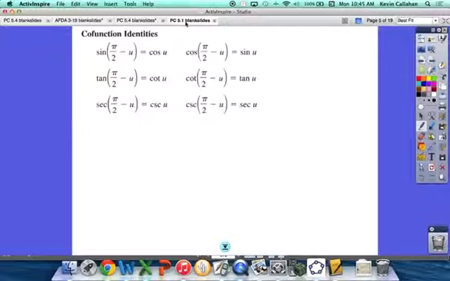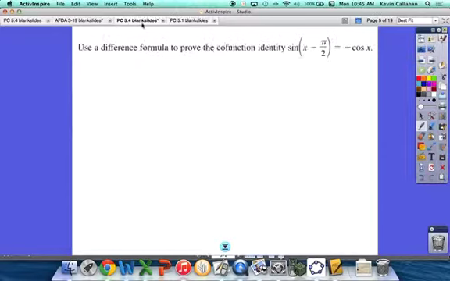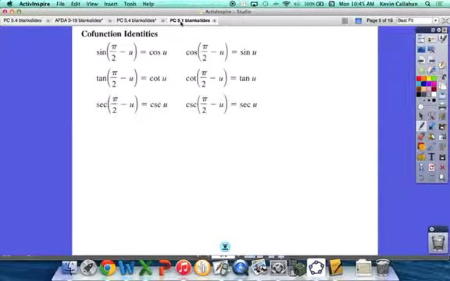Yeah, on the one we're doing, it's x minus pi over 2. These are all pi over 2 minus x. And it's a sine. So normally we would expect for this one right here that it's pi over 2 minus the angle.